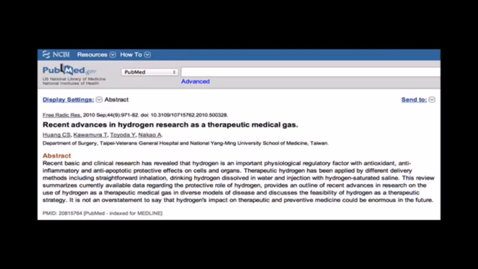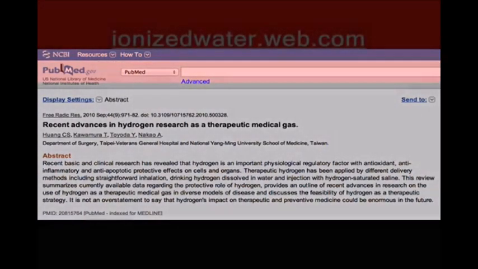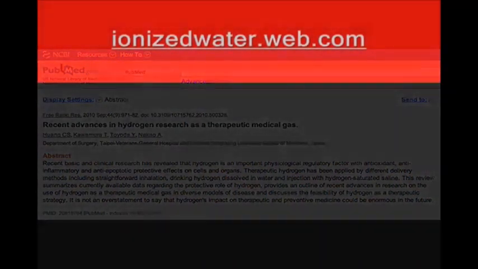This created great excitement in the scientific and medical communities, and now hundreds of other studies have been published showing that hydrogen gas can also effectively upregulate the body's own antioxidant systems, such as superoxide dismutase, glutathione peroxidase, and catalase. It is no wonder that remarkable therapeutic effects have been observed in a wide range of diseases.